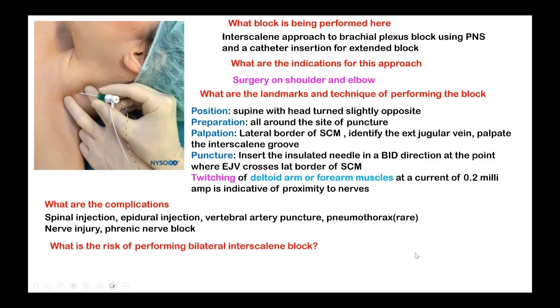What is the risk of performing bilateral interscalene block? Diaphragmatic palsy. Bilateral phrenic nerve block. Okay, so that can lead to severe respiratory distress. Should never do that.